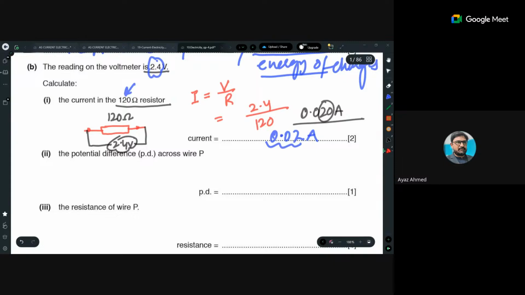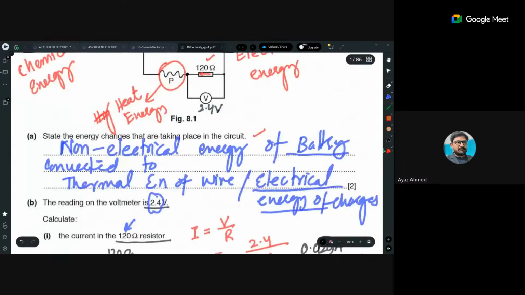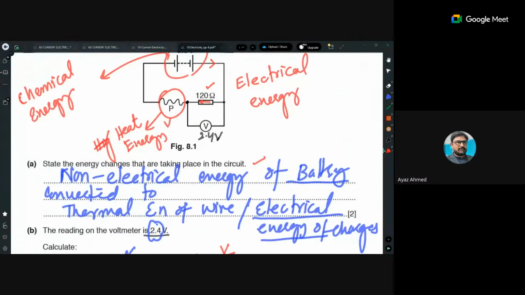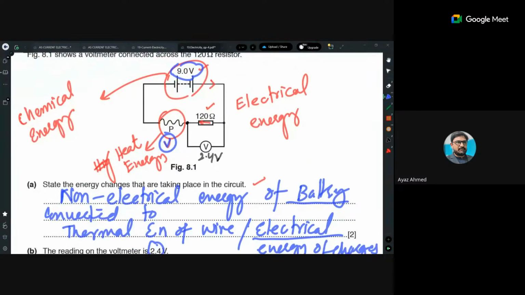Then the potential difference across the wire. This is one more question. So which idea do you need here? The wire will have some voltage or potential difference across it. Now look, what is given to you? You have 9 volts here, 2.4 volts are dropped across this resistor, and in series combination, as I told you, the voltages are divided.